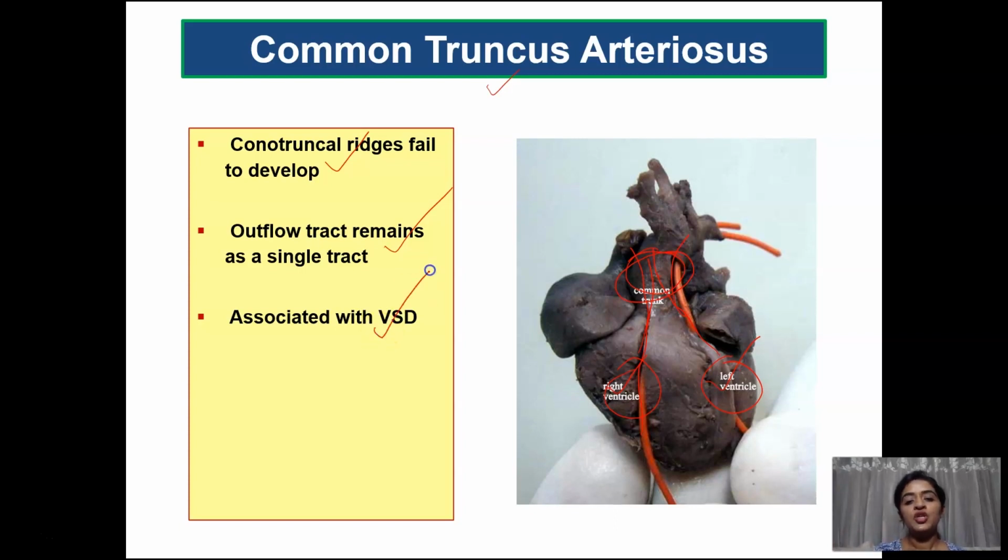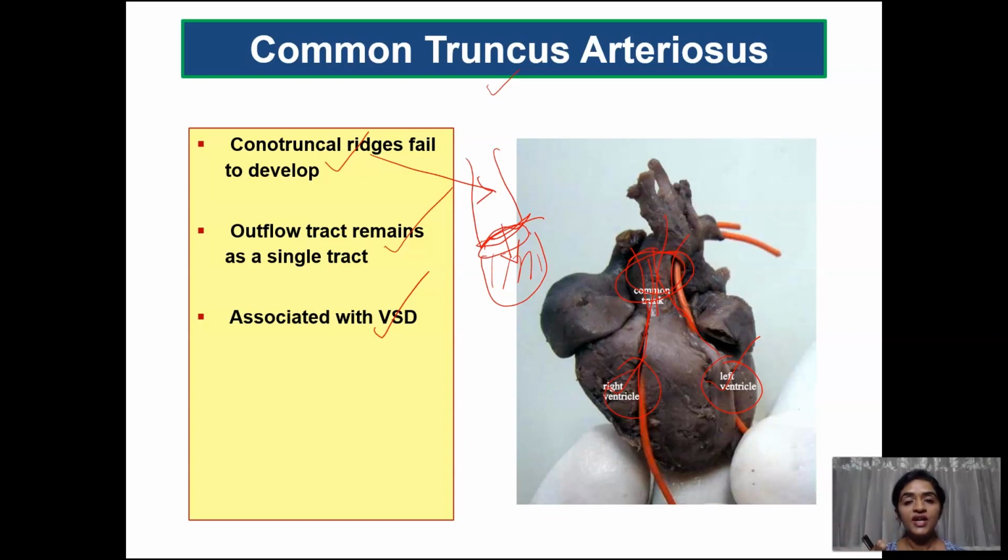And this will be usually associated with ventricular septal defect because you have the ventricular septum formed like this. So the upper part of the ventricular septum is actually formed by the lower part of the conotruncal ridge. So you have the conotruncal ridge dividing the common trunk into pulmonary artery and aorta. So the lower part of this ridge will come and fuse with the ventricular septum.